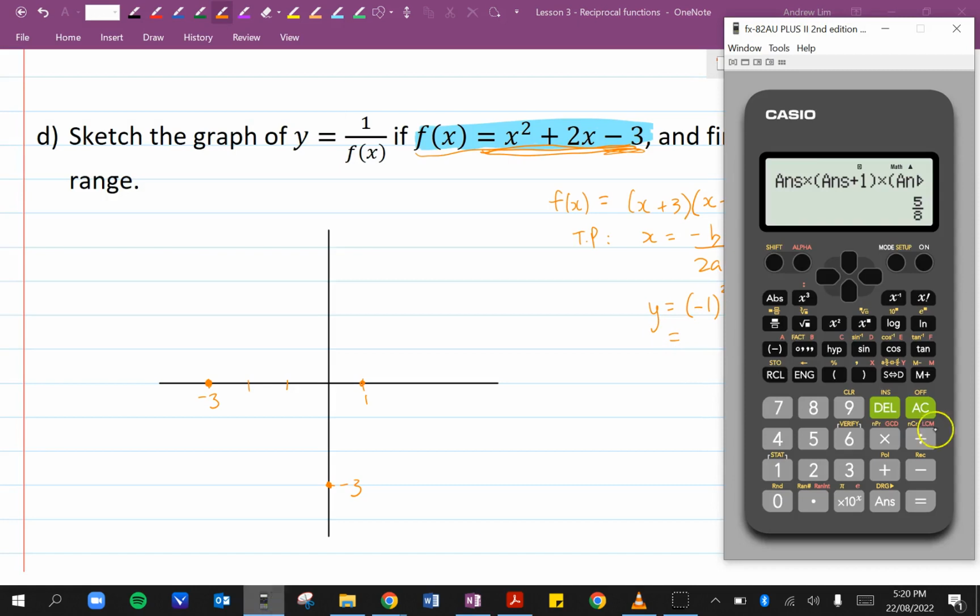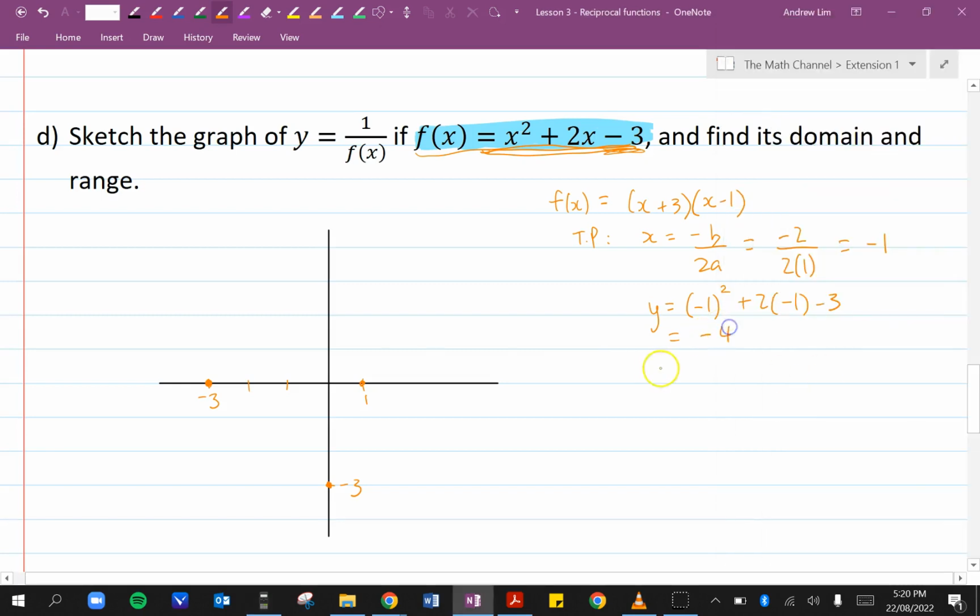So let's just put that in the calculator. Minus 1 squared plus 2 times minus 1 minus 3 is minus 4. So we know that the turning point will be at minus 1, minus 4. Over here. Alright, so that's enough. Let's graph this. Parabola.